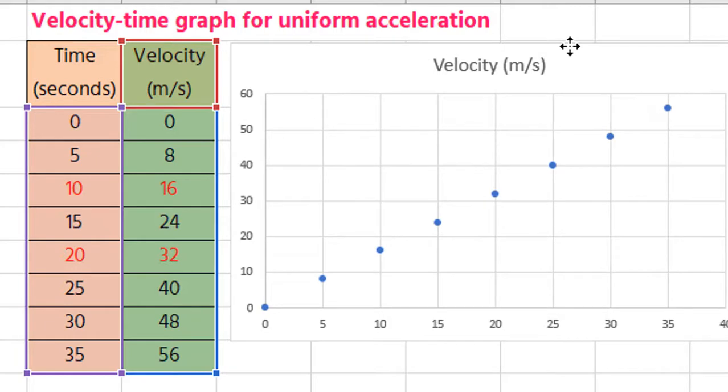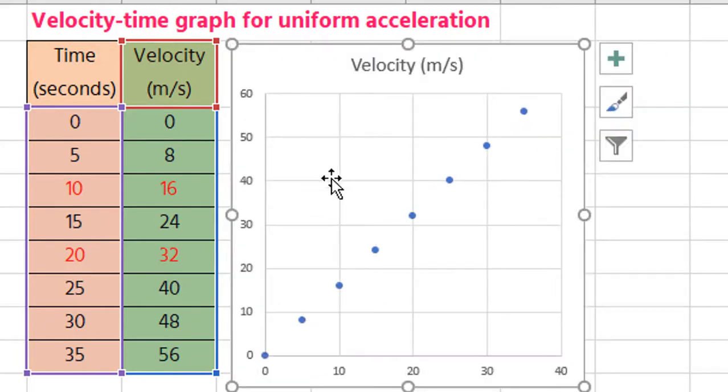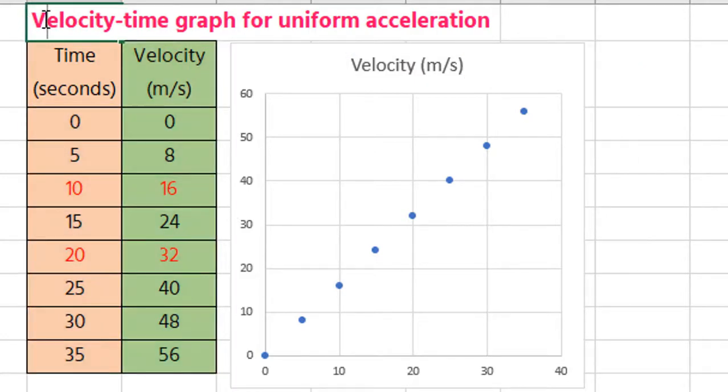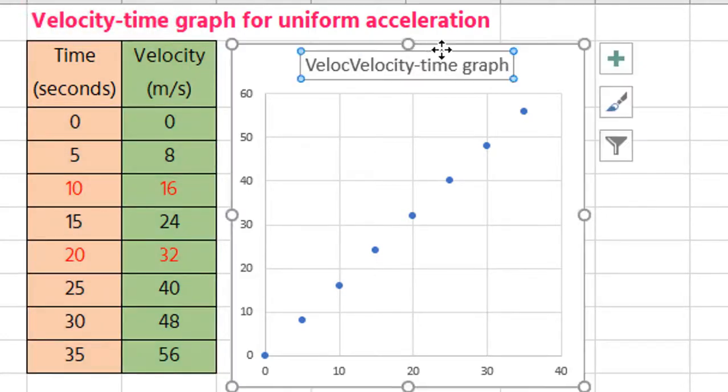This is the graph in which the points 0, 0, 5, 8 are plotted. Take the title of the graph as velocity time graph for uniform acceleration.